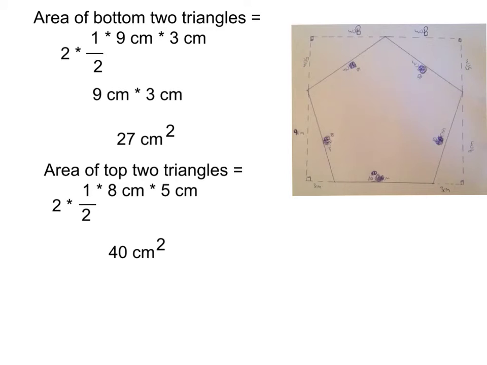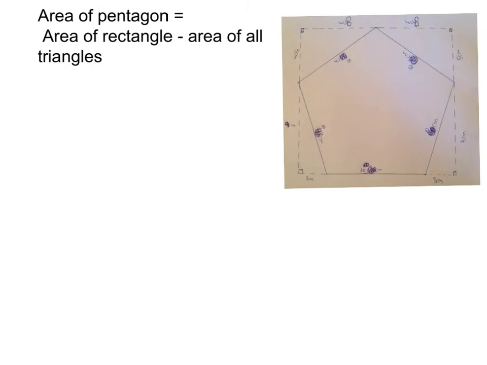Next, we're going to add the area of the bottom 2 triangles to the area of the top 2 triangles. So 27 centimeters squared plus 40 centimeters squared gives you 67 centimeters squared. We're going to need this for our next step. Now we find the area of the pentagon.